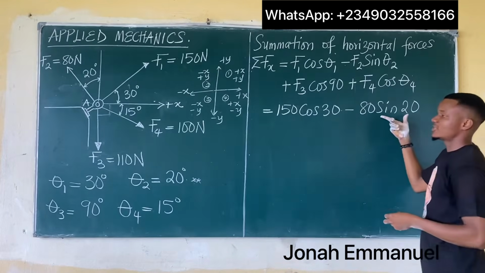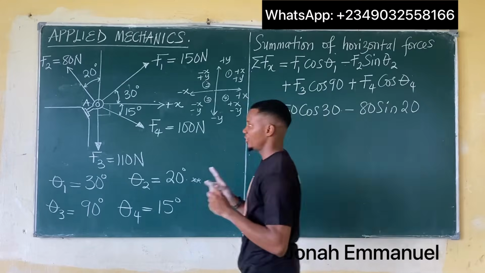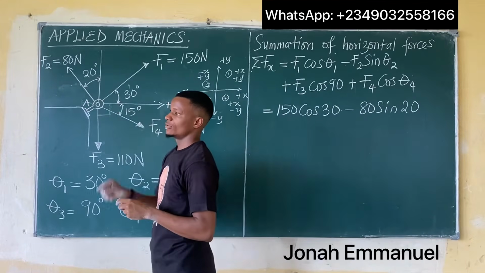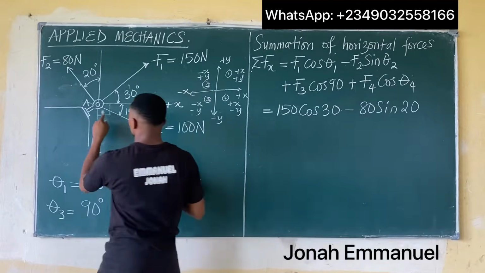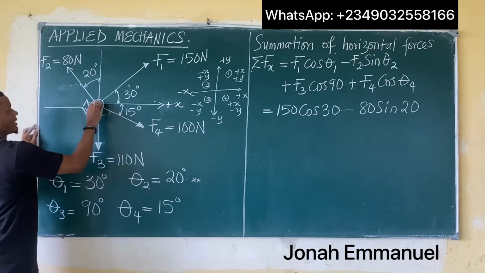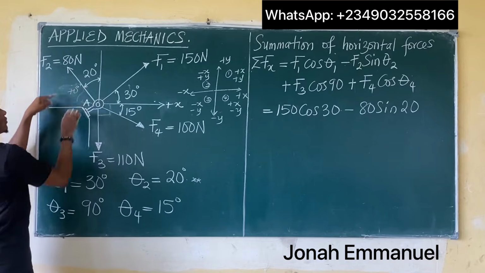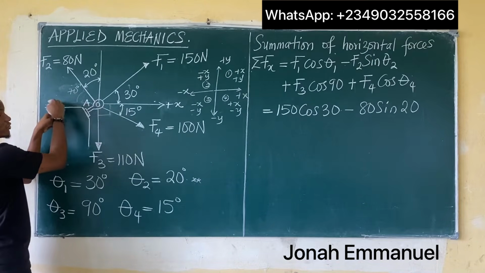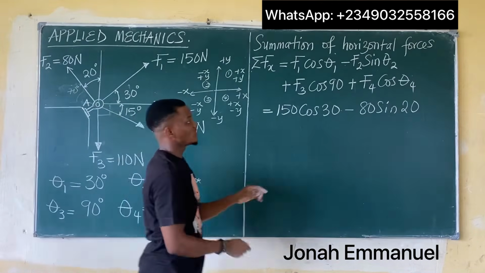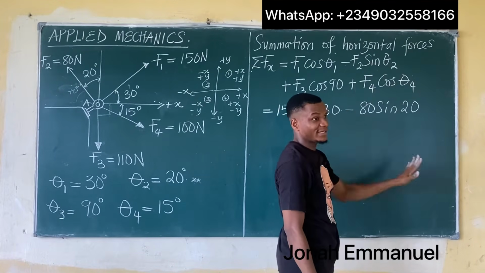Let me stress this one again, please. I said this is sine because the angle of inclination is to the vertical. If you want to, you can use the idea that here is 90, if this is 20, here will be 70. That means 80 is inclined at 70 degrees towards the horizontal, so I can still use F2 cos 70 and have exactly the same answer.